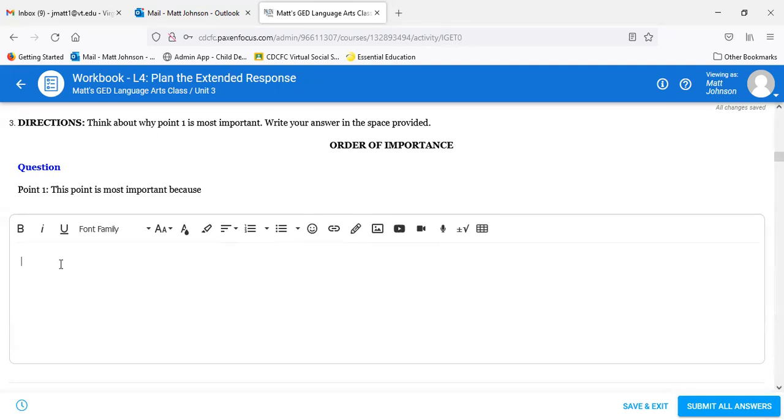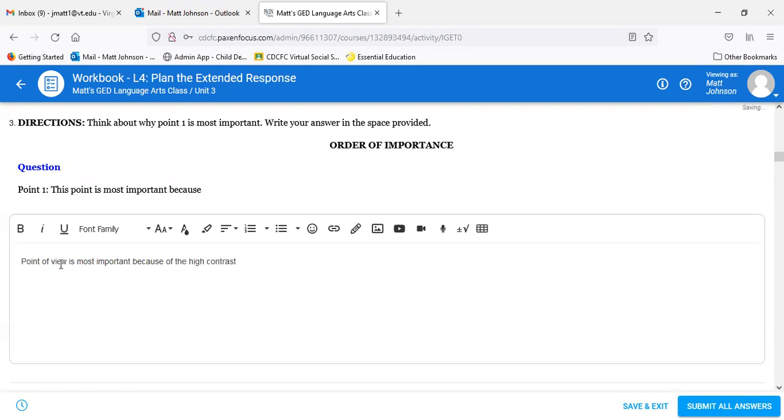So we'll say for point of view, point of view is most important because of the high contrast.